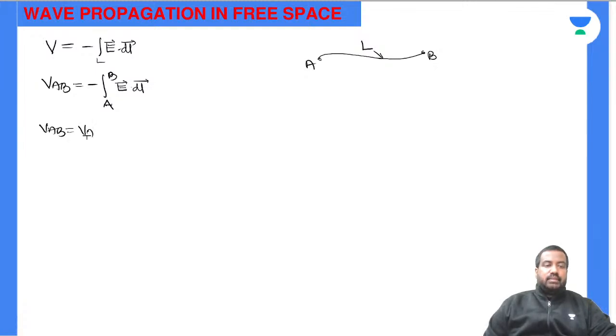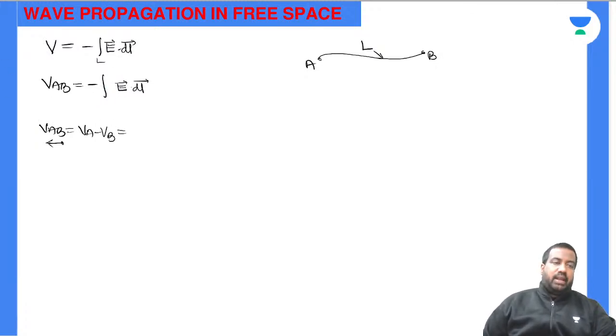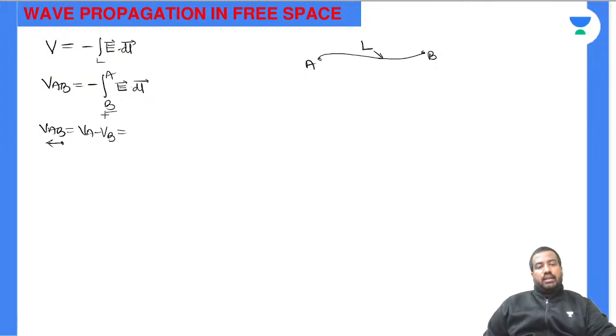VAB is given as VA minus VB, moving from B to A. Once I write B to A, I take the limits from initial point B to final point A, so it is minus integral from B to A of E dot dl.